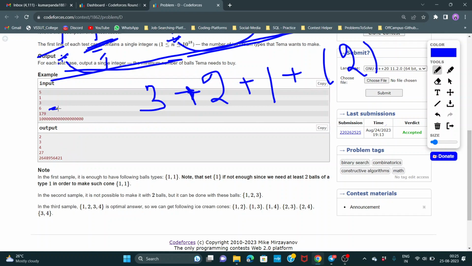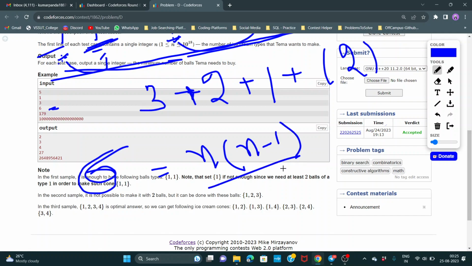So now see, you want to build six ice creams, but here n into n minus 1 by 2. I have told you in the previous answer how this formula came.